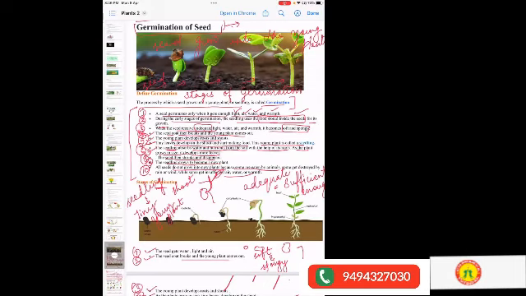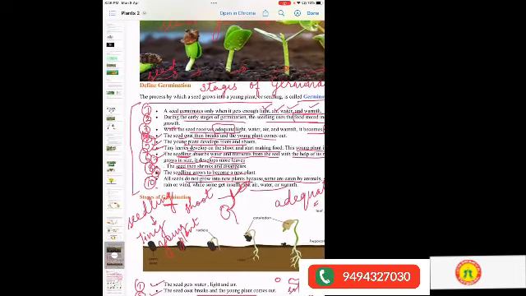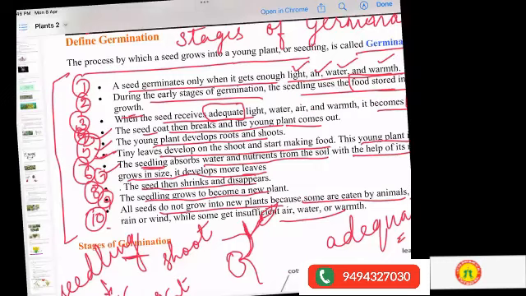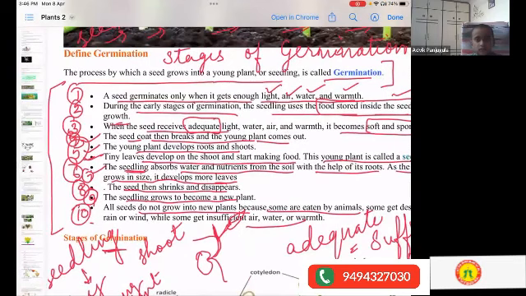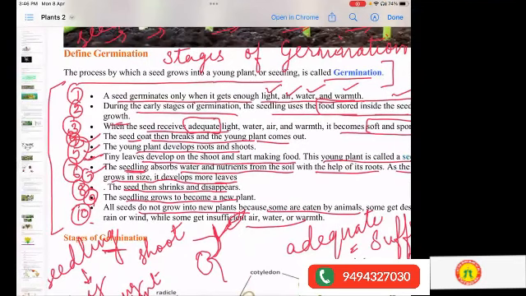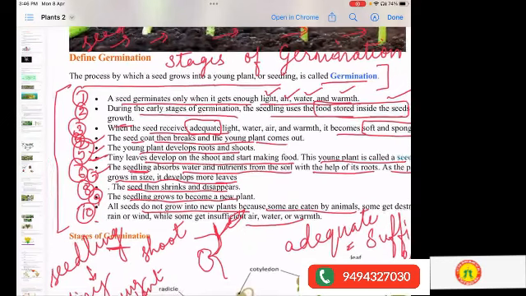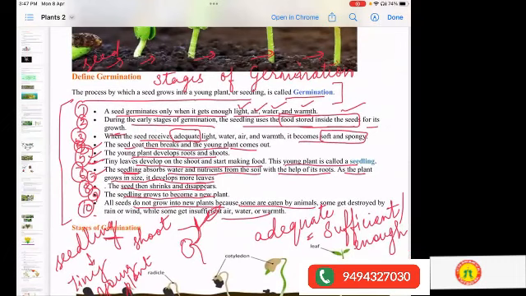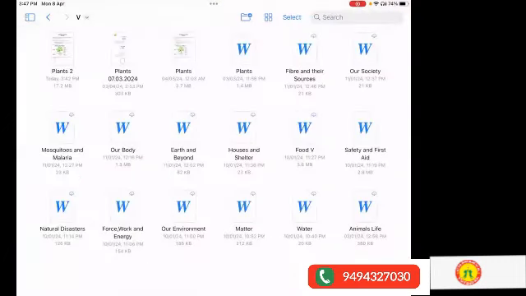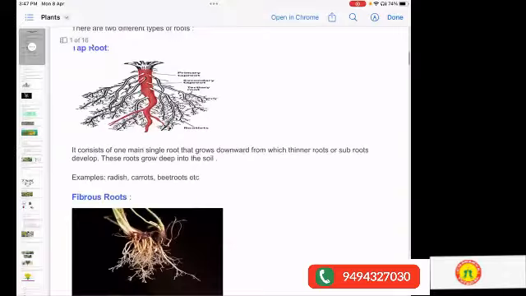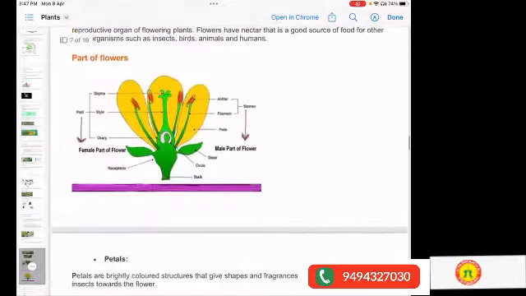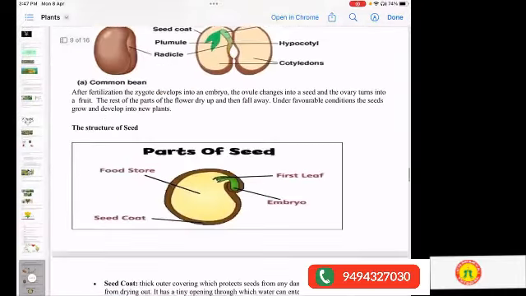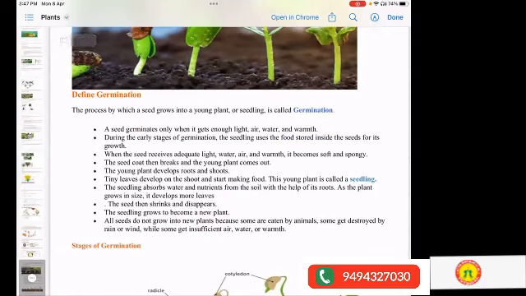Screen. How to keep it long? Is it fine now if I convert like this? Yes, ma'am. Or should I share the second one, the NEET file? Wait, it will be easy for you to write it down. Now, is it clear, children? I think you can see now.